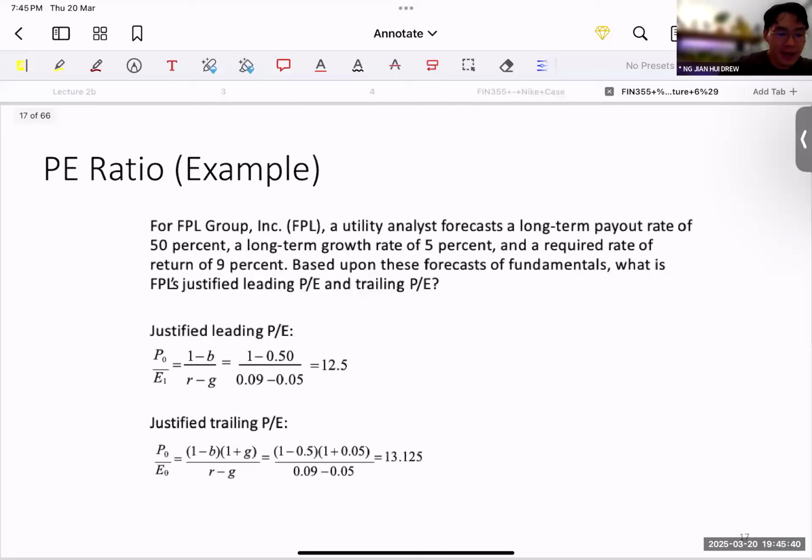We have another example here. FPL Group, a utility: the analyst forecasts a long-term payout rate of 50%, a long-term growth rate of 5%, and a required rate of return of 9%. Based on the forecast of fundamentals, what is the justified leading and trailing PE? For the forward or leading PE, we use the same formula as the last example.